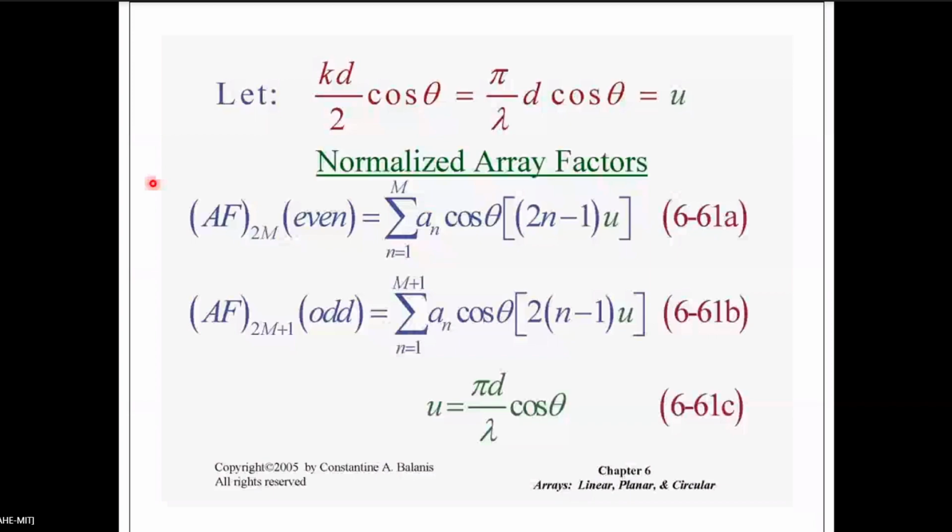You require this for other things also. This is for a non-uniform array: non-uniform amplitude, equal spacing, same phase for all of them, because beta is 0. So have you got it? Yes, sir.